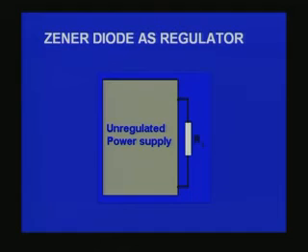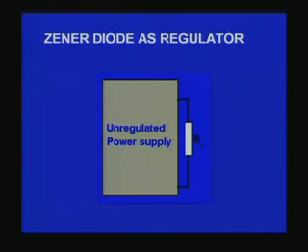Now what do we mean by regulation? Any power supply, as we already mentioned some time back in one of the previous lectures, can be equivalently represented by a voltage source and an internal resistance or a series resistance Rs.